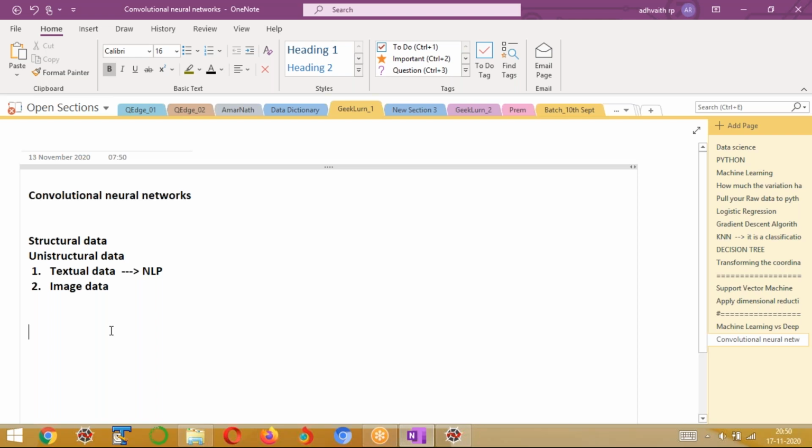A few more examples, like Facebook or some other things. It will try to predict your age. Have you noticed this kind of scenario when playing with your mobiles or using Facebook?